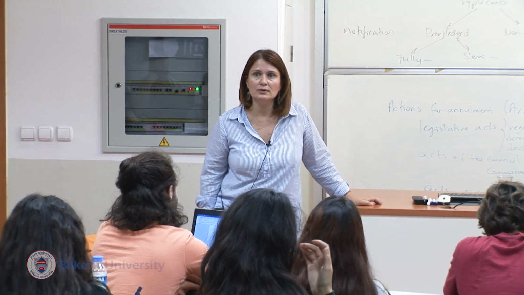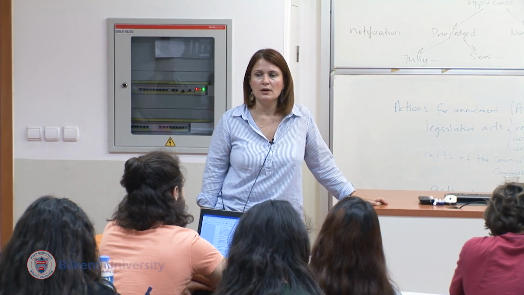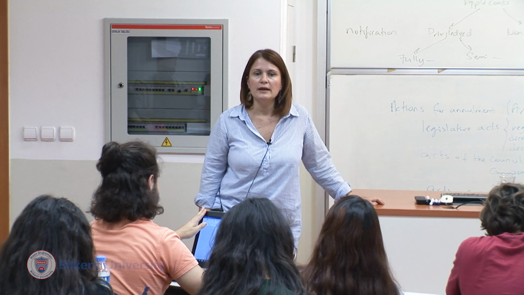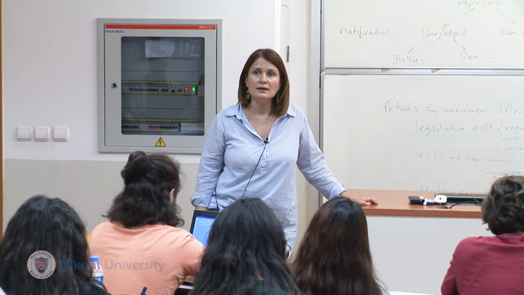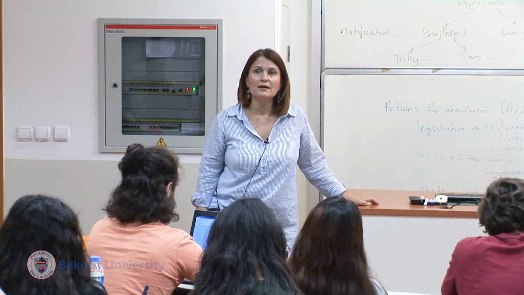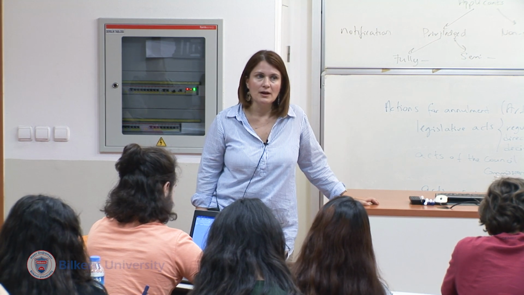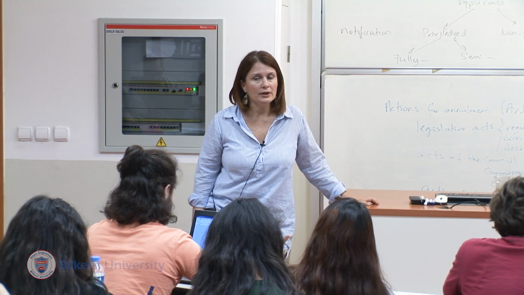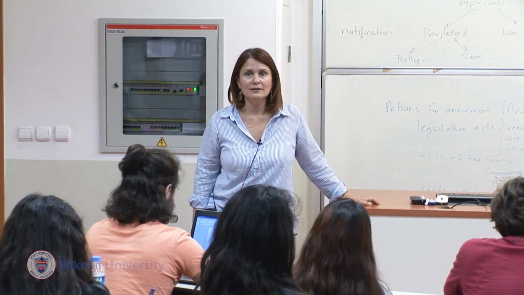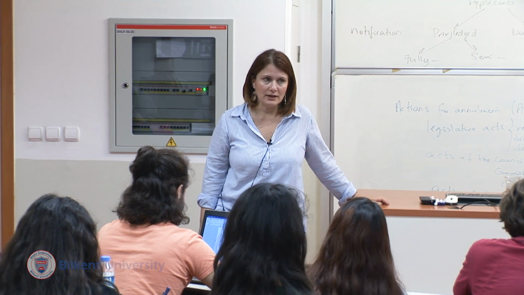It's about EU institutions. When an EU institution infringes EU law by doing something, it is an action for annulment. When the EU institution infringes EU law by not doing anything, this is an action for failure to act.